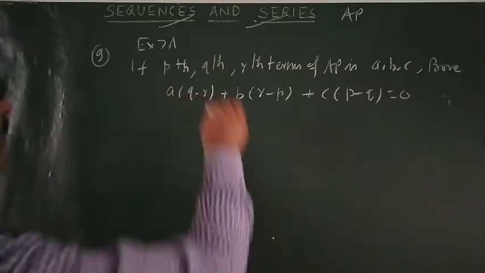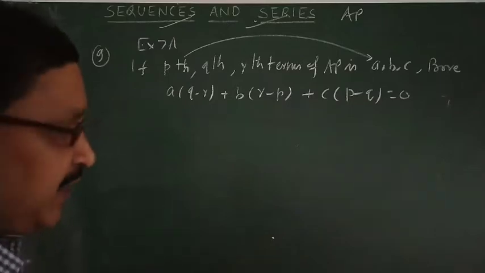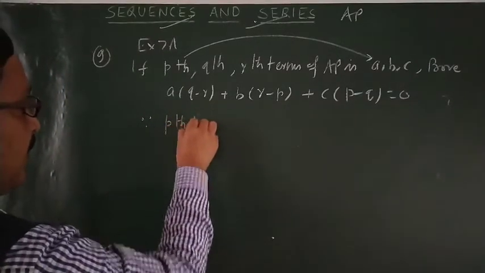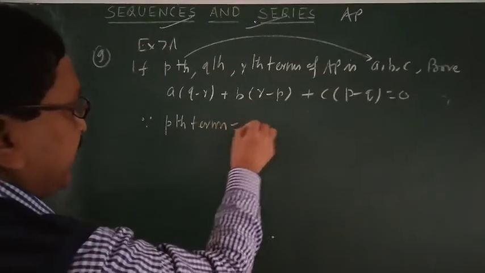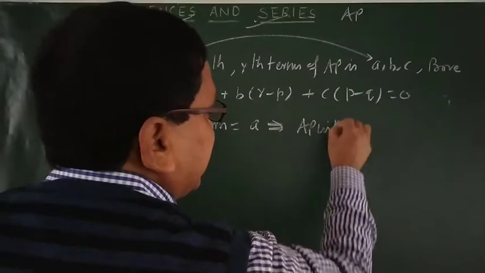Now see, the pth term is a, so the AP will never start with a small a. Since the pth term is a, this implies the AP will never start with a.